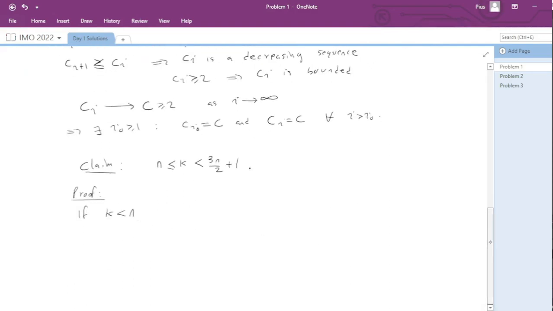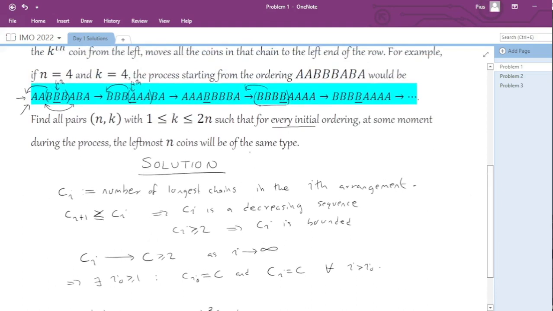That's because of this. For every initial ordering, so the opposite of this would be that there's an initial ordering that even after we continue this process indefinitely, we never get the leftmost n coins to be of the same type. Okay, so that means there's going to be a counter example, a time where this doesn't happen. So we're going to provide that example now.